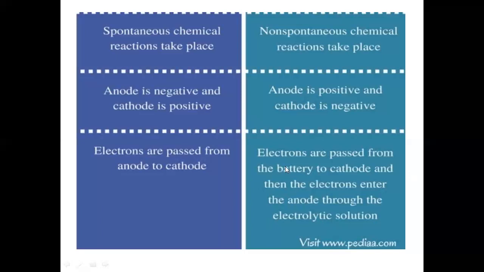It means the reaction started from battery and then goes into the cell, while in the voltaic cell the reaction started from the cell and then from the cell will pass through the external circuit or through the wires.